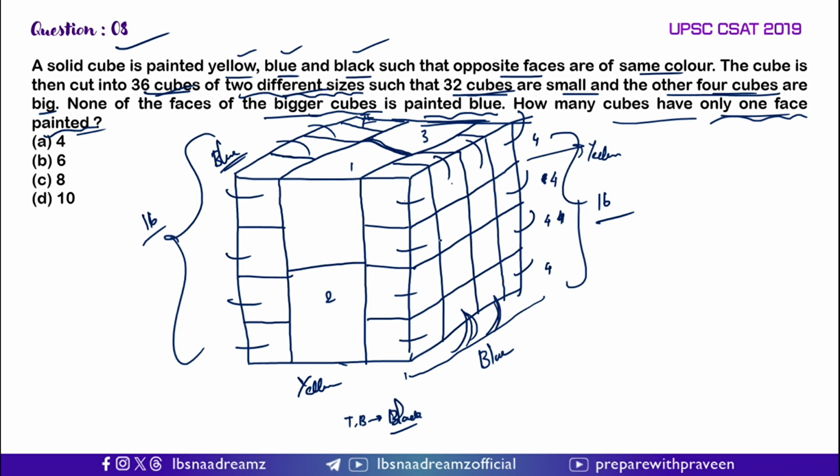So we are left with only these 4 cubes on this side which are painted on only one side. We will have such 4 cubes on this side also. Okay, so these 4 cubes and these 4 cubes, only these 8 cubes will have only one face painted.